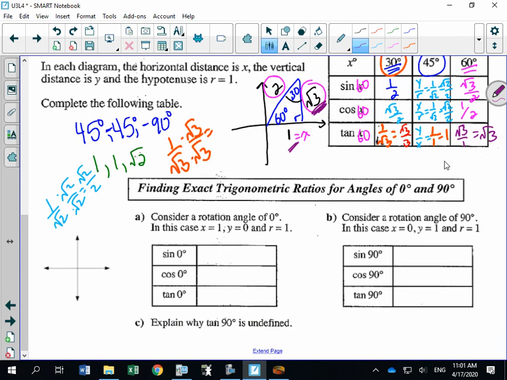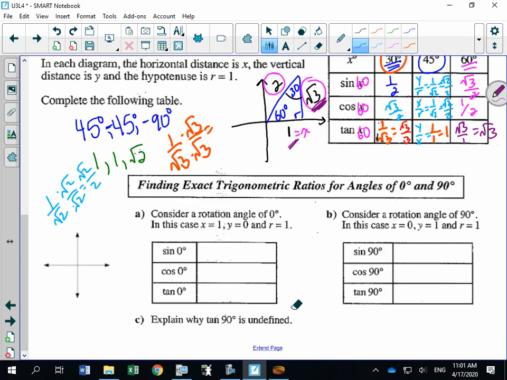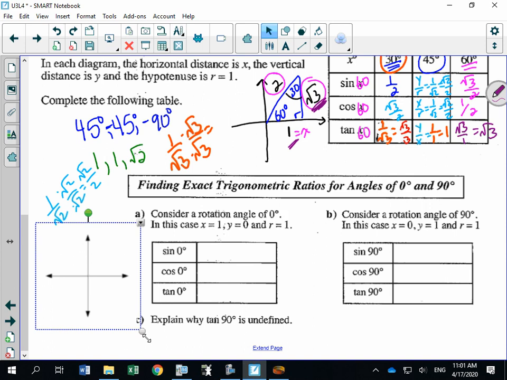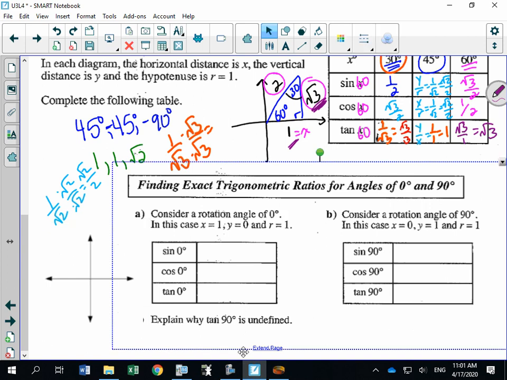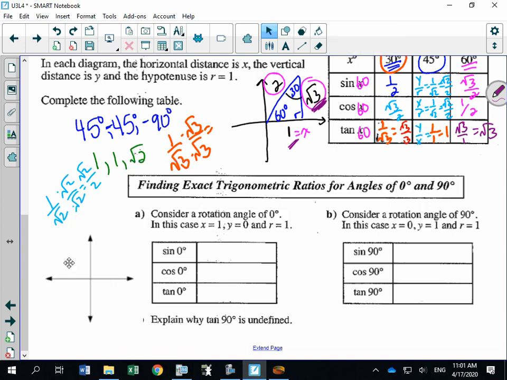The last thing that we have to do for these special triangles are the numbers 0 and the numbers 90. Again, this is going to be really big in 30-1. Remember that I said everything kind of goes along this circle, right?